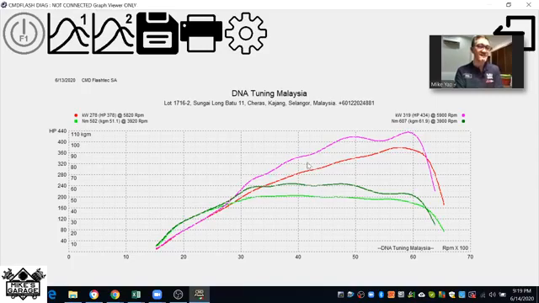So there is a gain here of quite a lot of horsepower at 4000 rpm.